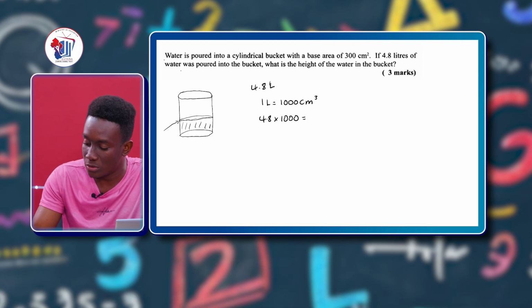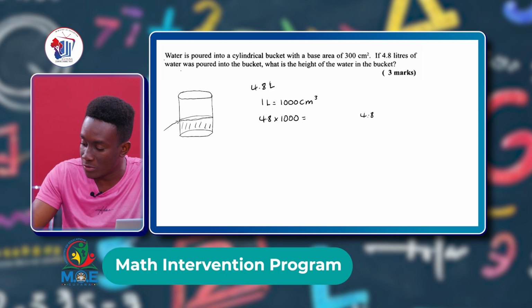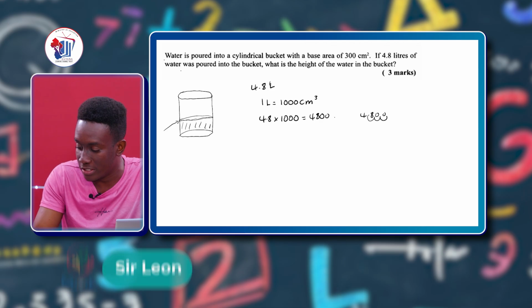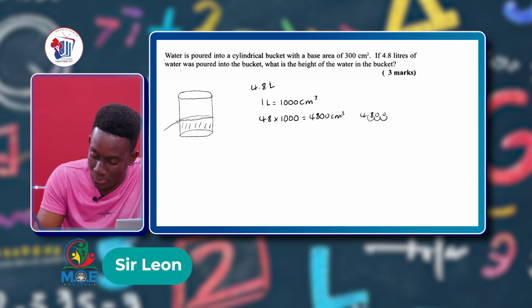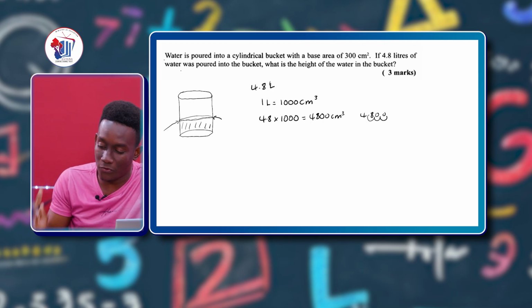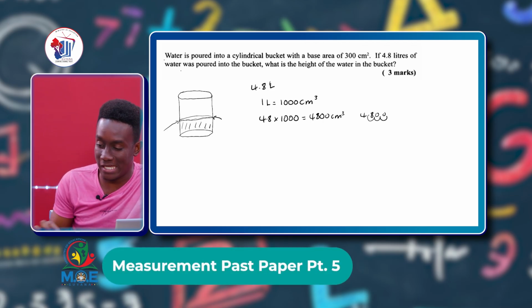We move the point out 3 times, so we jump 1, 2, 3. So this will be 4,800 cm cube. So at this height, the cylinder has a volume of 4,800.